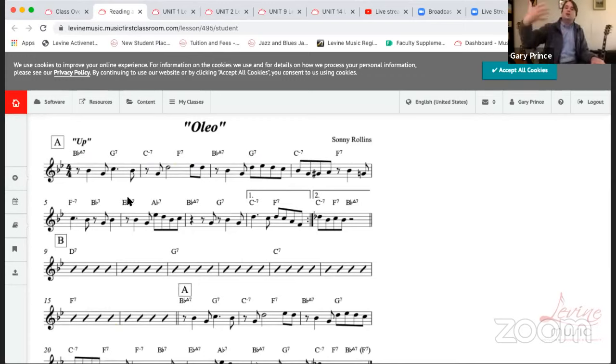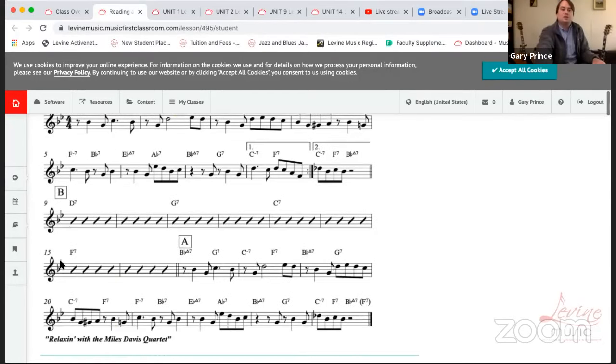So the pre-unit goes into detail about understanding reading chord symbols, which you see up above the notation, versus reading notation, understanding things like a first and a second ending, rehearsal markings like letter A, B, and then things like this, these are called rhythm slashes.